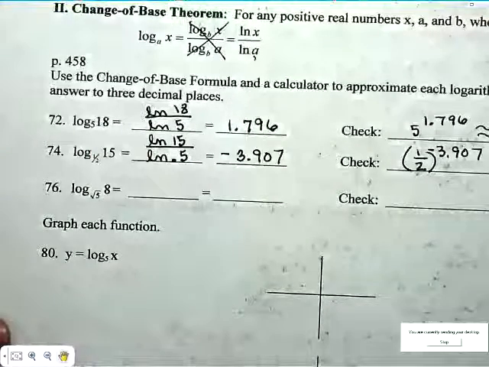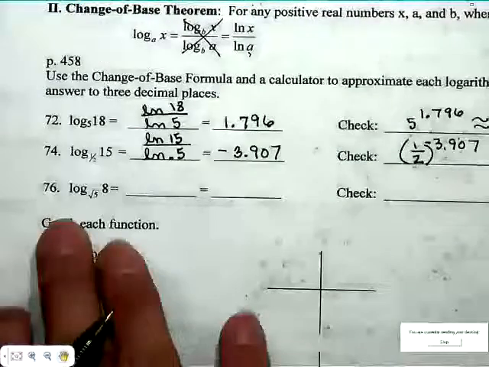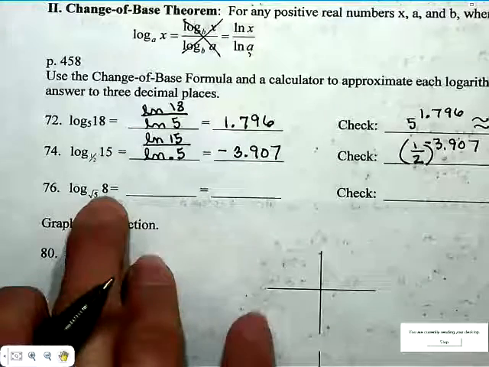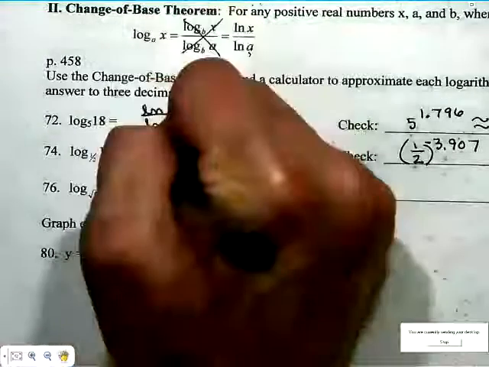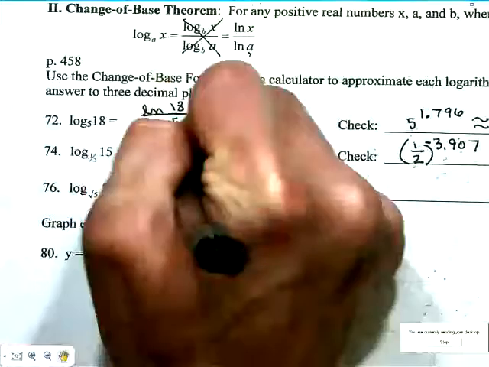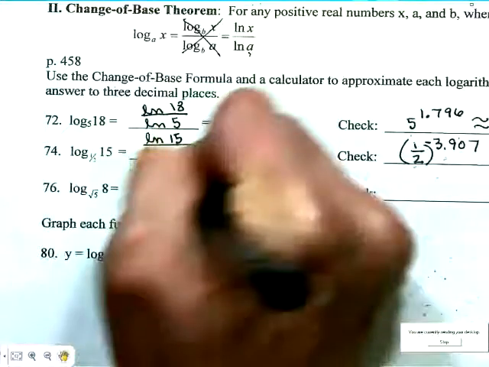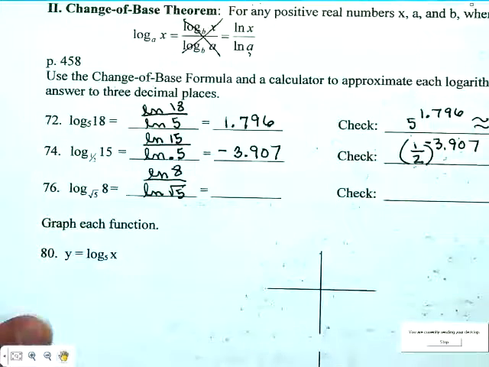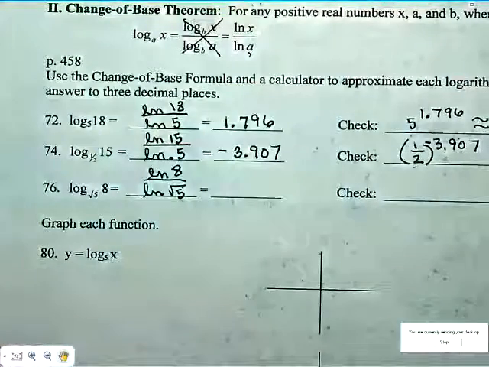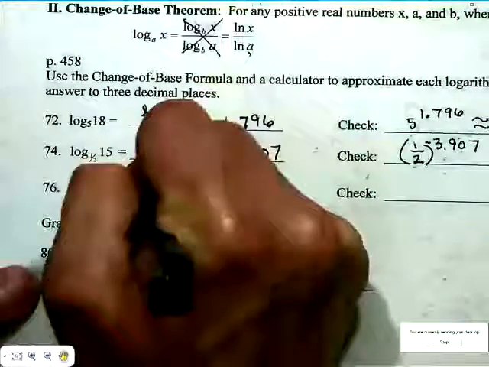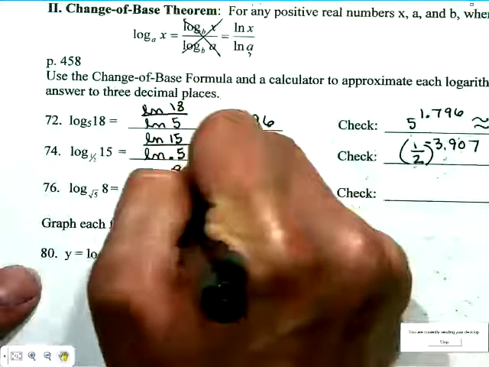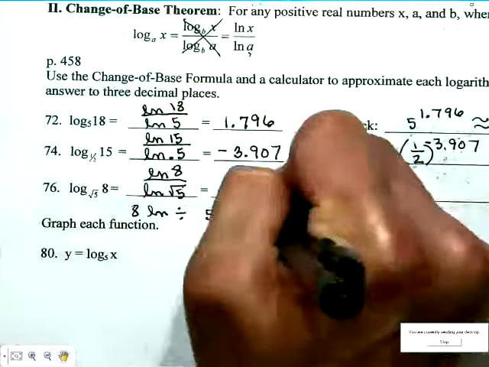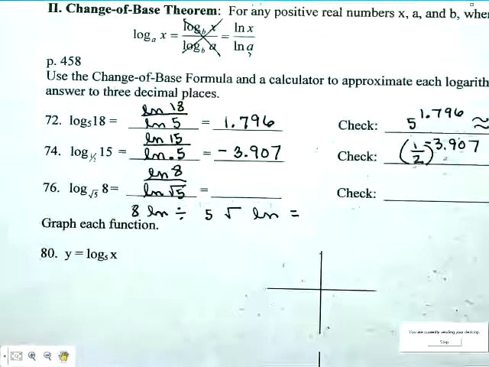And number 76, I can't squint hard enough to tell you the exponent of square root of 5 that would give you 8. But I can punch it as natural log of 8 divided by natural log of square root of 5. And on the fabulous backwards calculator, you're going to have to say 8 natural log divided by 5 and then square root and then natural log and then equals.